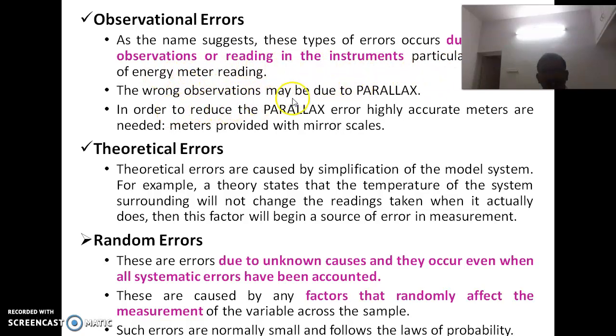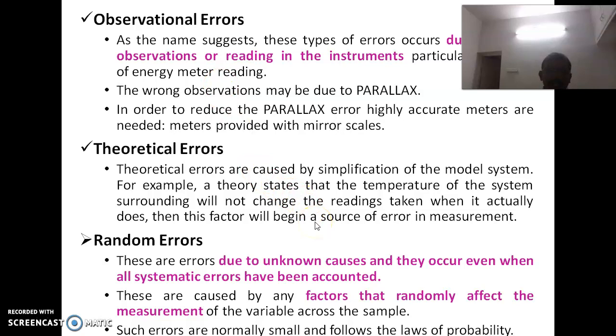This error may occur due to parallax error, which is also one of the observational errors. It varies from person to person. This error can be avoided by using digital instruments. In analog instruments, this type of error will be more, but in digital instruments, it will be less.